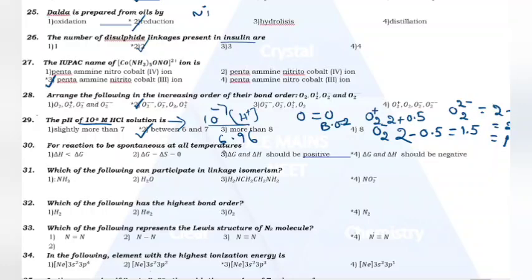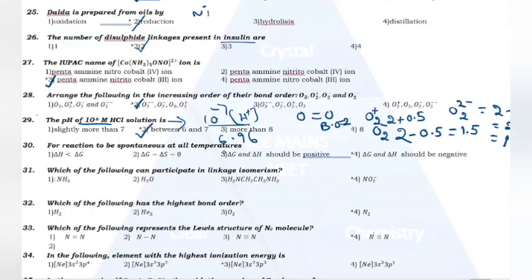Which of the following has the highest bond order? So first we look at the options. The options are very general, and without calculating the bond order itself, as we know already, hydrogen exists as H-H, O2 exists as O double bond O, and N2 exists as N triple bond N. The bond order is 1 for H2, 2 for O2 and 3 for N2.